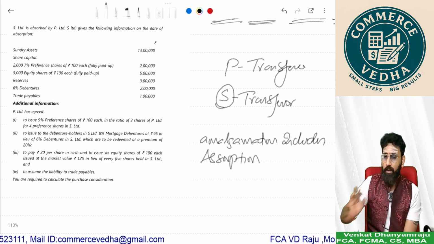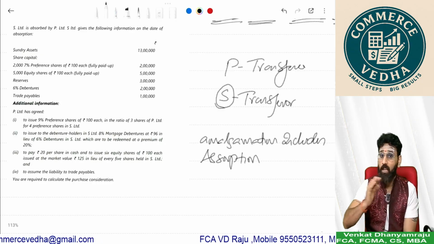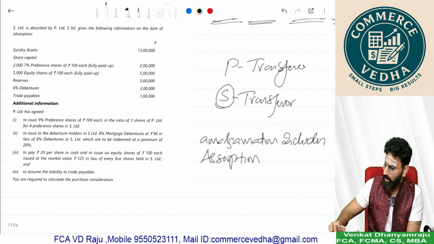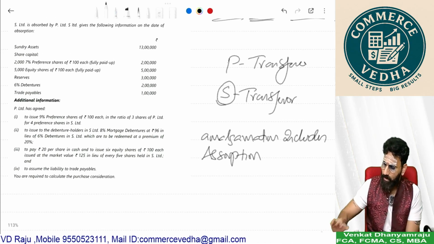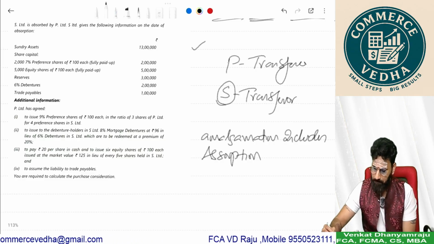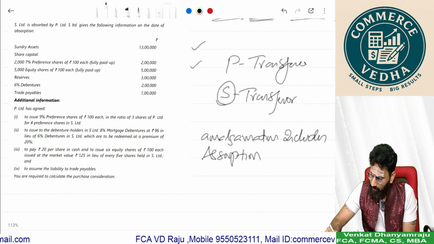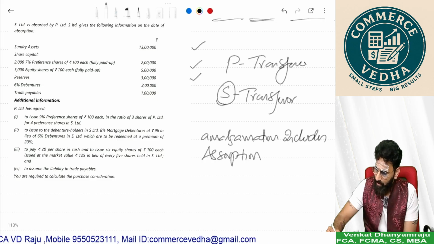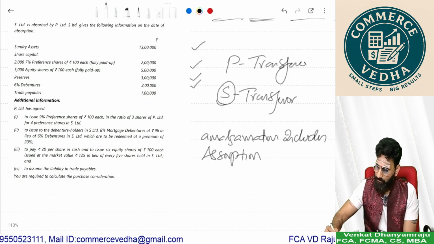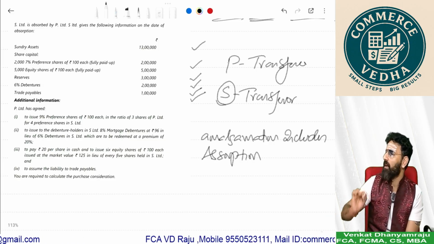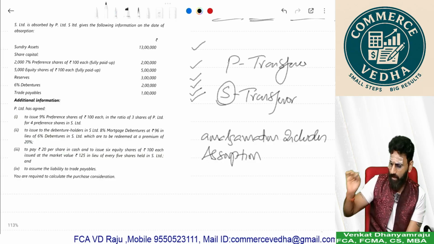So we need to understand that amalgamation and absorption are not different topics, both are one and the same. Here the question is given in such a manner that assets were given, capital was given, equity and preference, reserves were given, debentures were given, and trade payables were given. So data is given in the question.